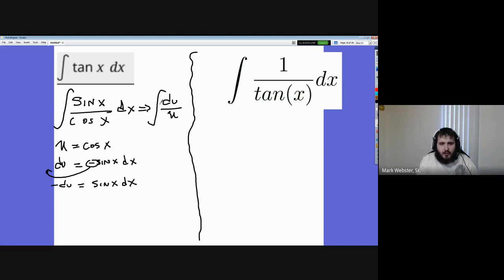Or a negative du over u, because that's negative here. But the negative. So this becomes negative natural log of u plus c. And now, to finish up the problem, I can put this function back in for u to get it back in where it needs to be.